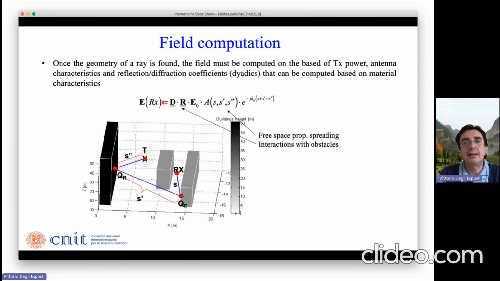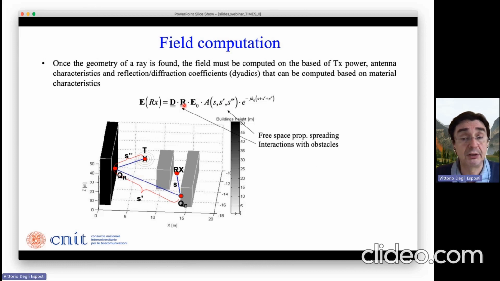So in this case, we apply a similar field transformation equation as the one we have just seen, but each time there is a bounce, an interaction, we have to pre-multiply the field by the proper interaction matrix that embeds the interaction coefficients, such as reflection coefficients, diffraction coefficients, etc. So we have the field at the starting point, at the reference point after the transmitter, multiplied by the proper spreading factor that depends on the history of the bounces, multiplied by the phase factor, but also pre-multiplied by the interaction matrices. So it's quite simple.